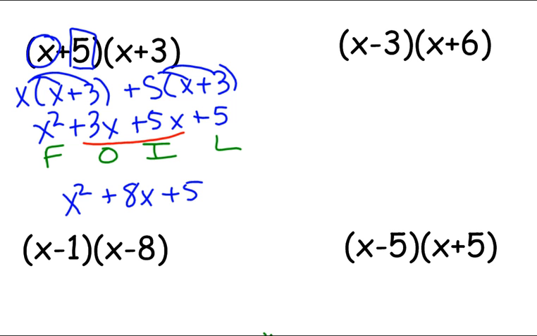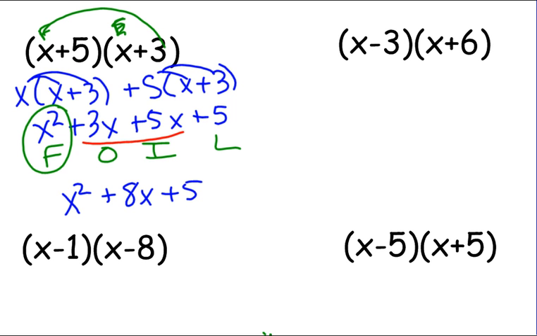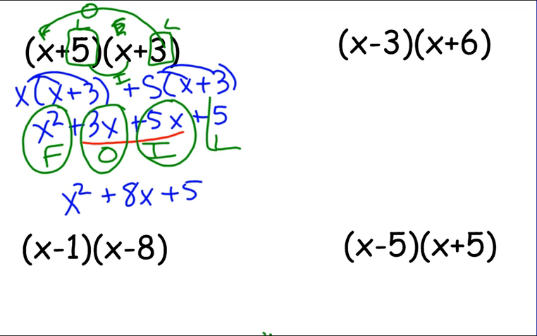When we go back to my original problem, the first values in each of the groupings are the F, and when I multiplied those together, I got the x squared. Here are my outside values. The outside two values, the x and the 3, is how I got the 3x. These two were considered the inside values, and that's how I got my 5x. And then the last two values, I'm going to put an L by those, were how I got the 15.